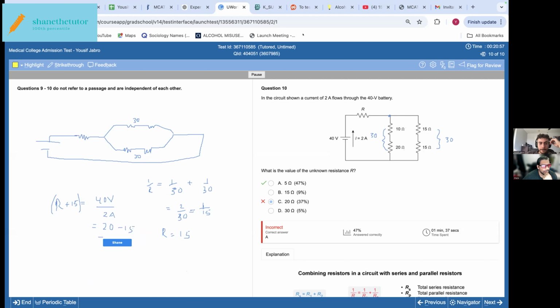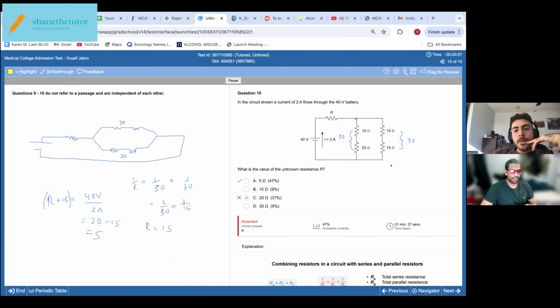Oh, okay, I got it. So basically, we have this unknown resistor, and then we have a junction here, which means that the current is going to split, and these will be in parallel with these.